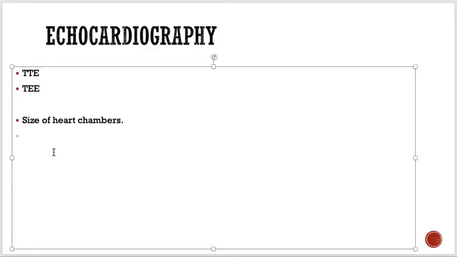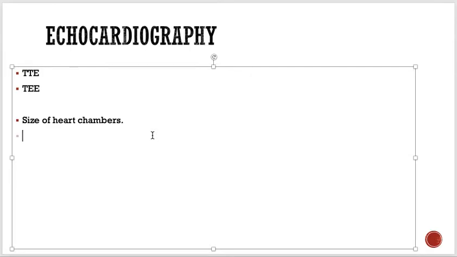Of course, the normal values are written in the echocardiography report, and it is helpful in measuring the size of the chambers. For example, the normal maximum diameter of the left atrium is around 4.5 centimeters. Whenever it is enlarged, for example in atrial fibrillation, it can be seen by echocardiography. The normal maximum diameter of the left ventricle in diastole is 5.5 centimeters, and whenever the left ventricle is hypertrophied or dilated, it can be caught by this.